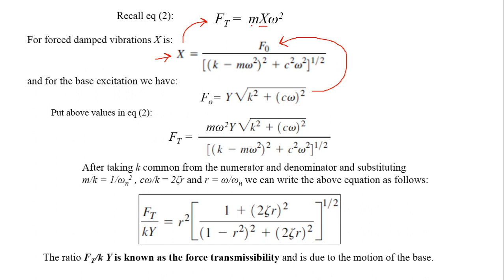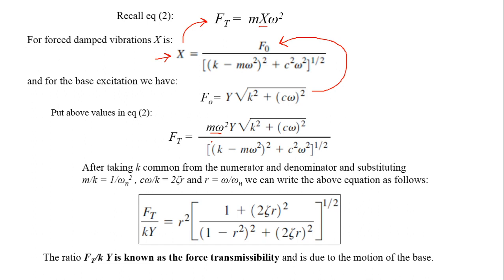Therefore, this m omega squared appears here in the expression of Ft, and we say that the transmitted force in terms of k, m, omega, and the amplitude of base excitation is given by this expression.